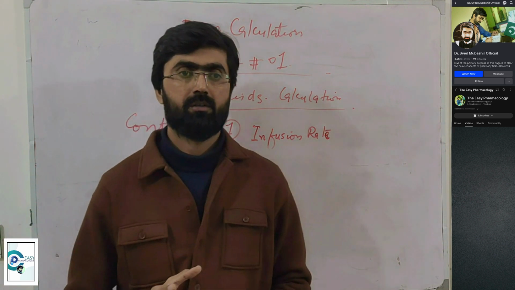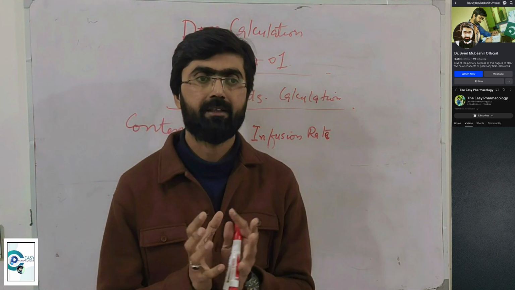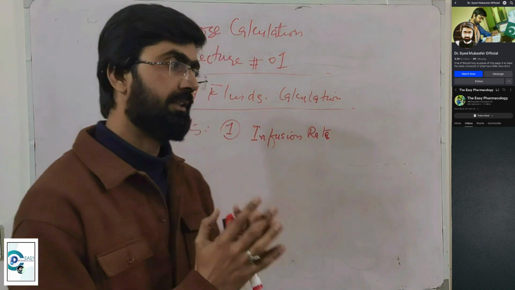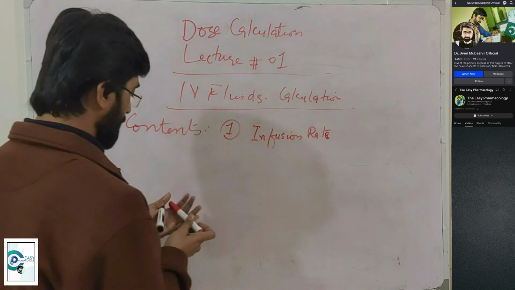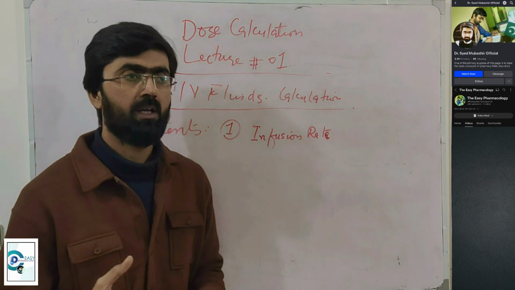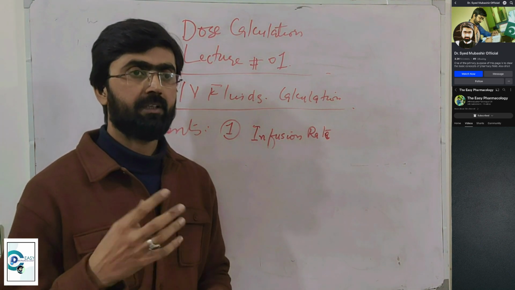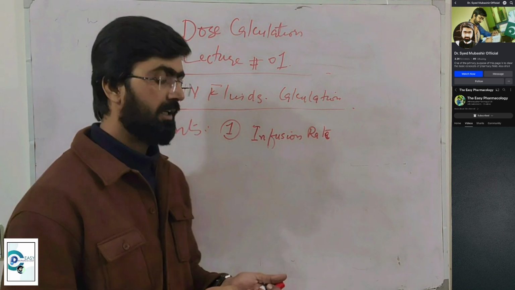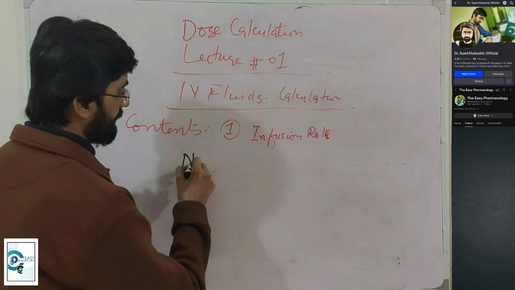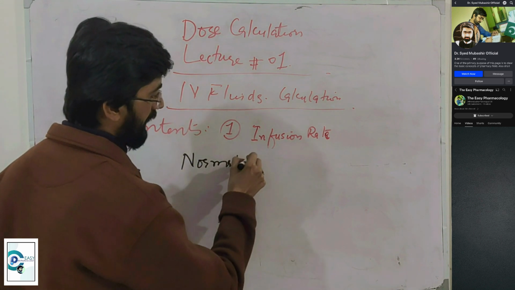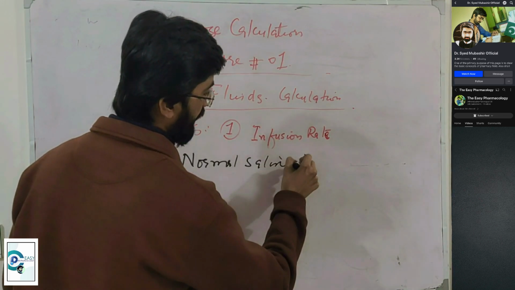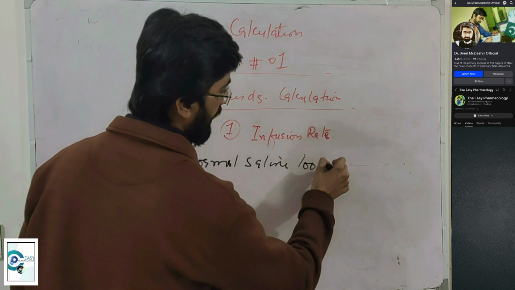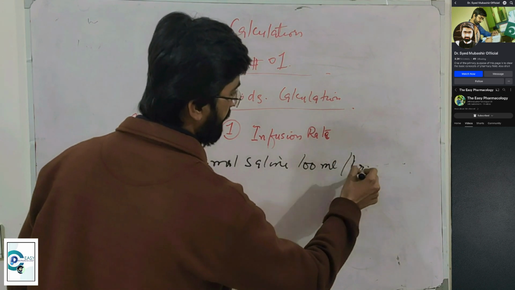IV fluids are generally given in this form. Let's suppose the doctor prescribes, let's suppose the doctor says that you should give this patient normal saline 100 ml per 1 hour.